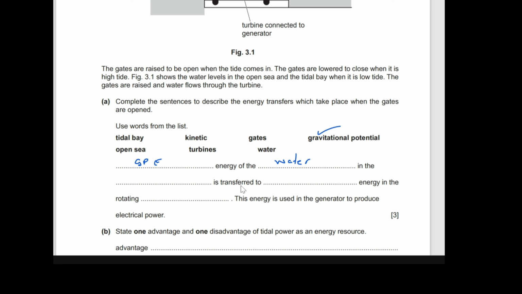Gravitational potential energy of the water in the tidal bay is transferred to kinetic energy, of course, kinetic energy in the rotating turbines. Turbines are the ones that rotate.